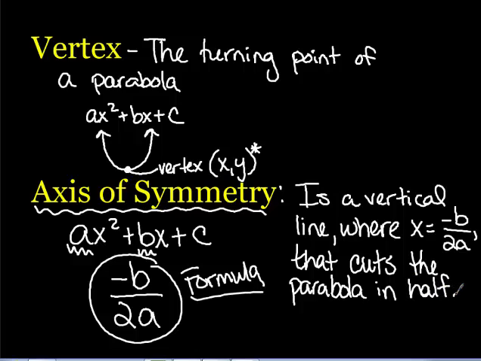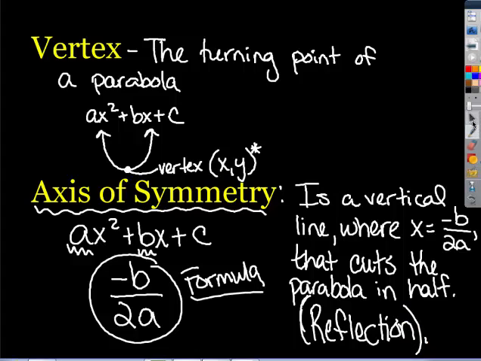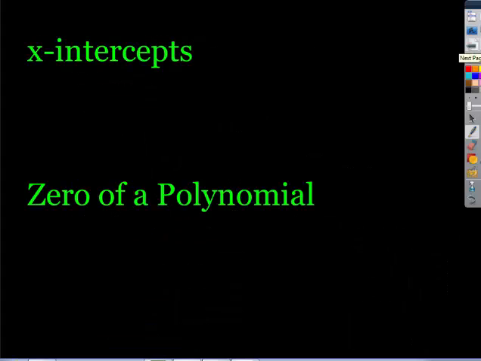Okay, so the axis of symmetry is a vertical line where x equals negative b over 2a that cuts the parabola in half. And you can kind of think of this as a reflection. Okay, so if you have questions, please make sure to write them down, and that way we can address them tomorrow.